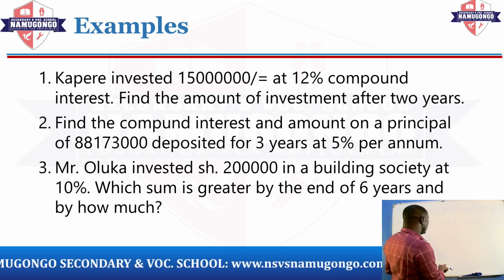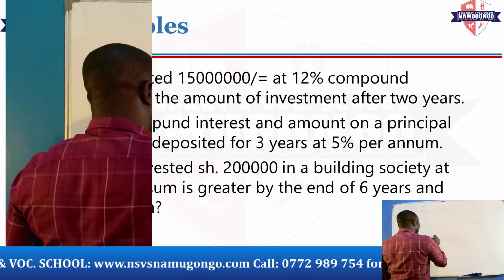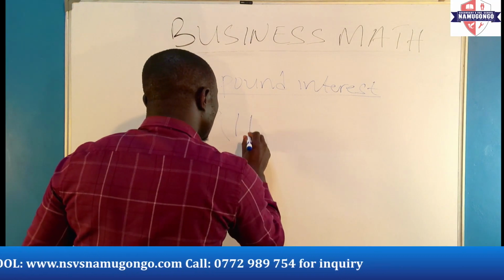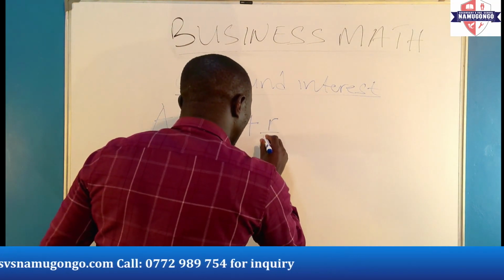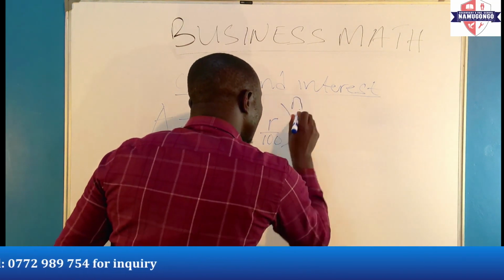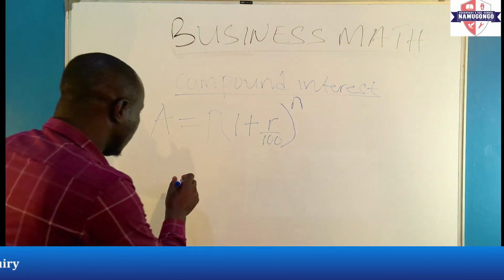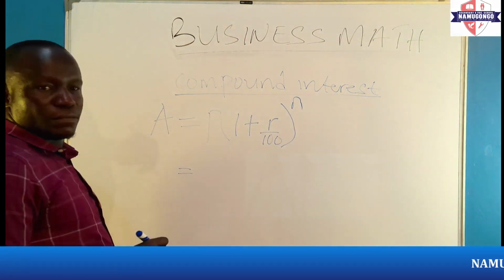So what you are going to do here is to just quote the formula. You say amount is equal to P into 1 plus R over 100, then the whole of this raised to the power of N. That's what we are going to have. And now we are going to substitute.